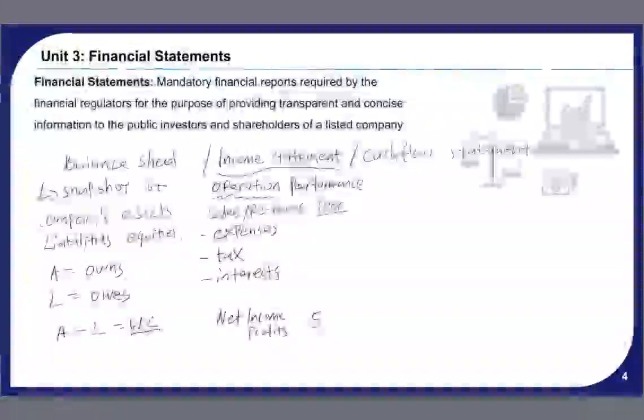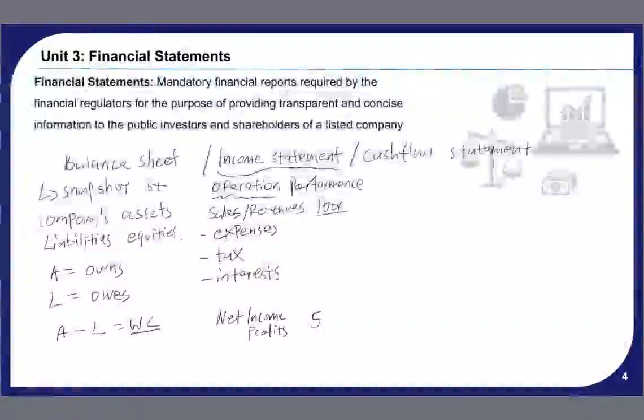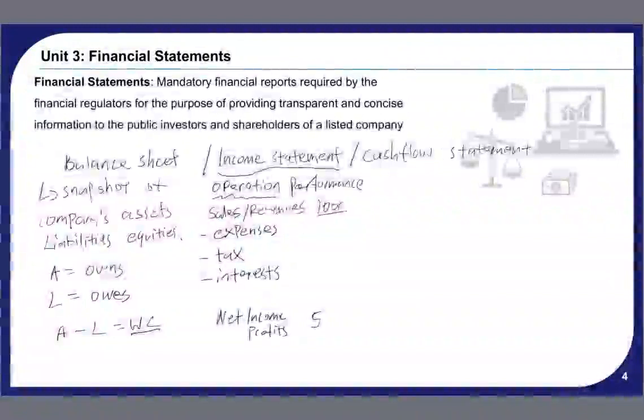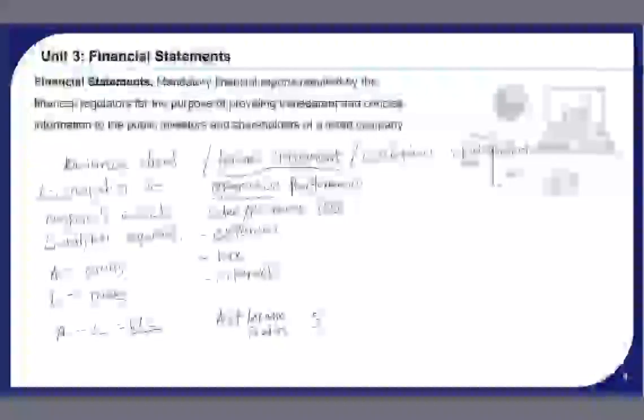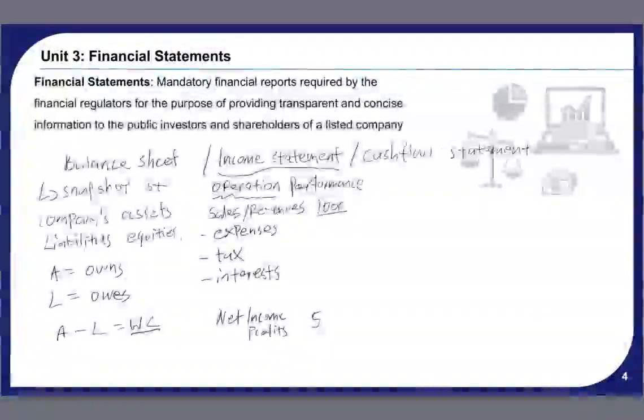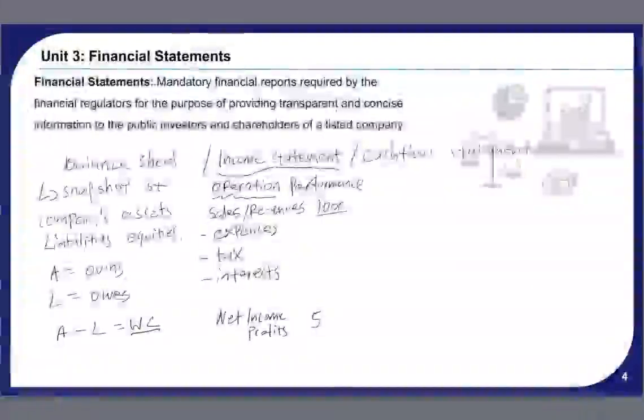Then it's very obvious that although the sales number was 1,000, if they ended up with a net income of 5, there must have been a significant incurrence of costs, or expenses. By looking at the income statement, we can know whether this company is really operating in an efficient manner. That's what the income statement usually provides in terms of information.